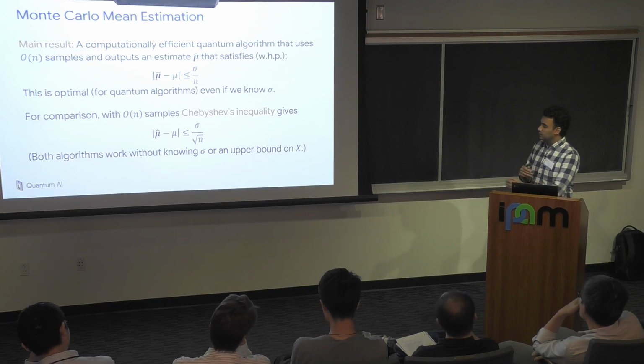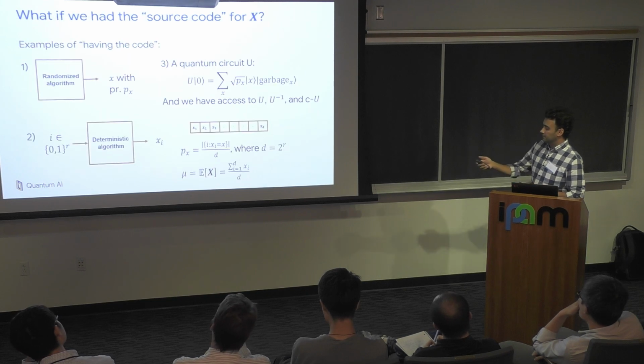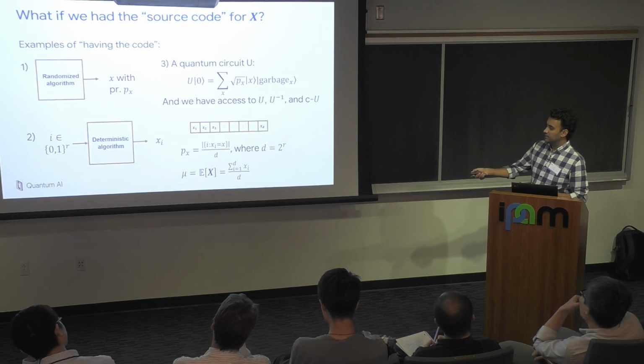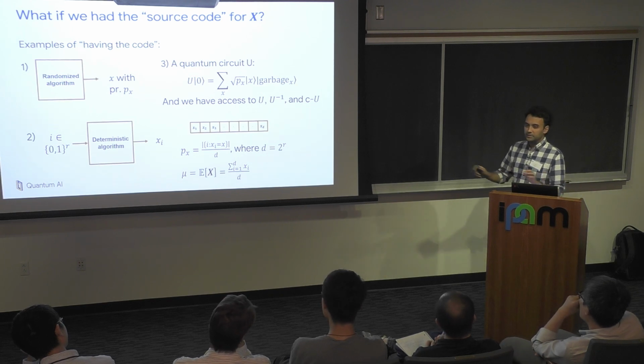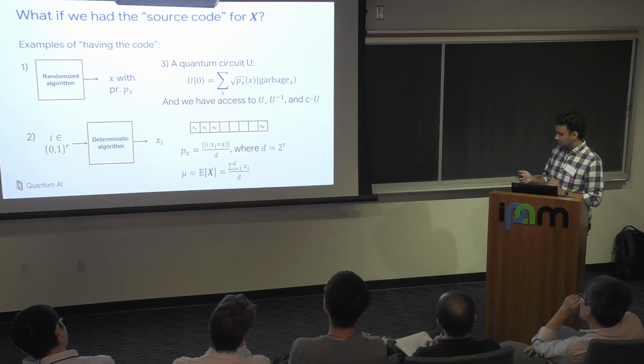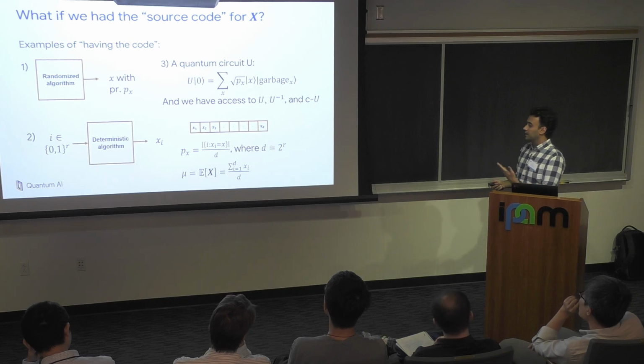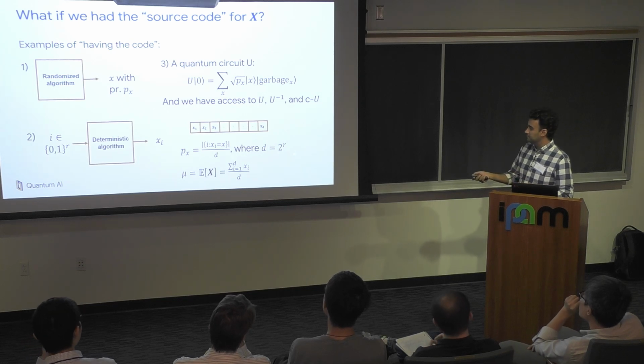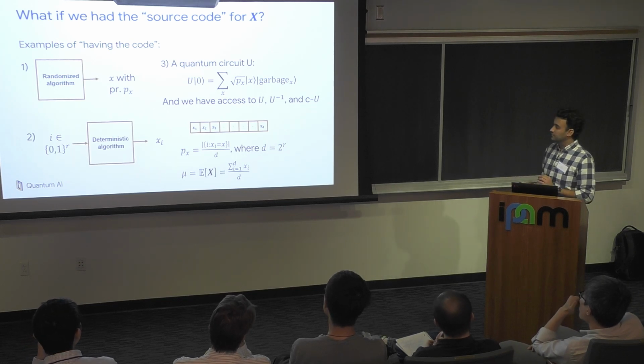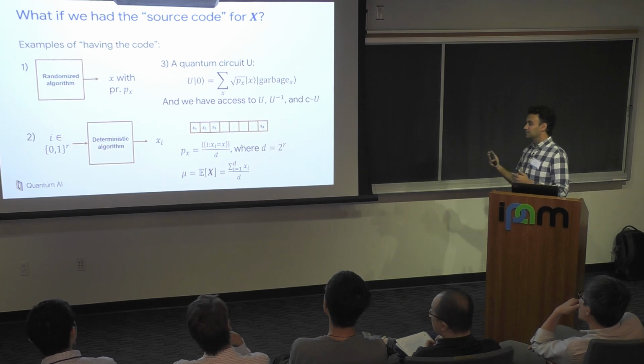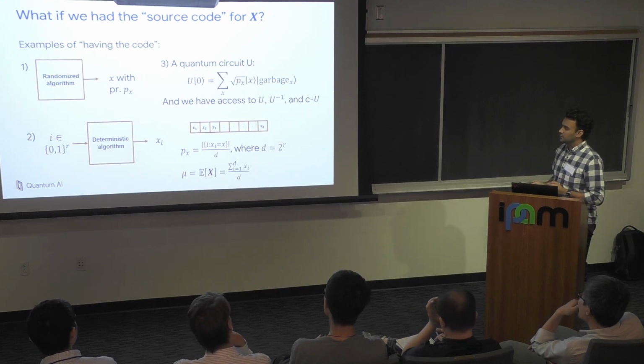There's always one trivial upper bound, which is just completely evaluate the function everywhere. So you can just evaluate x1, evaluate x2, evaluate x3, all the way to evaluate xd, write all of these down on a piece of paper, sum them up, divide by d. That's always a correct answer. So you can never run more time than that, and that time is 2 to the r. So that's always a valid upper bound. If your x's are somehow bizarrely large, you should not do that. You should trivialize to this algorithm.